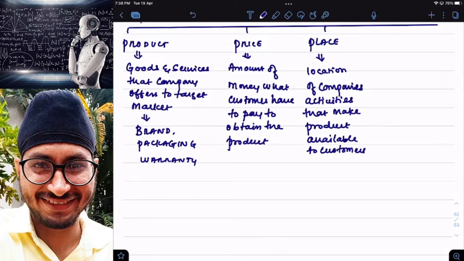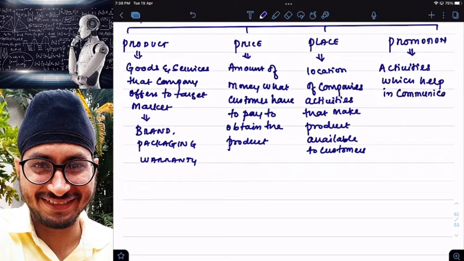Next. Then we have last one, promotion. Sir, promotion means promotion is nothing but communicating. Clear? Activities which help in communicating the merits of product.